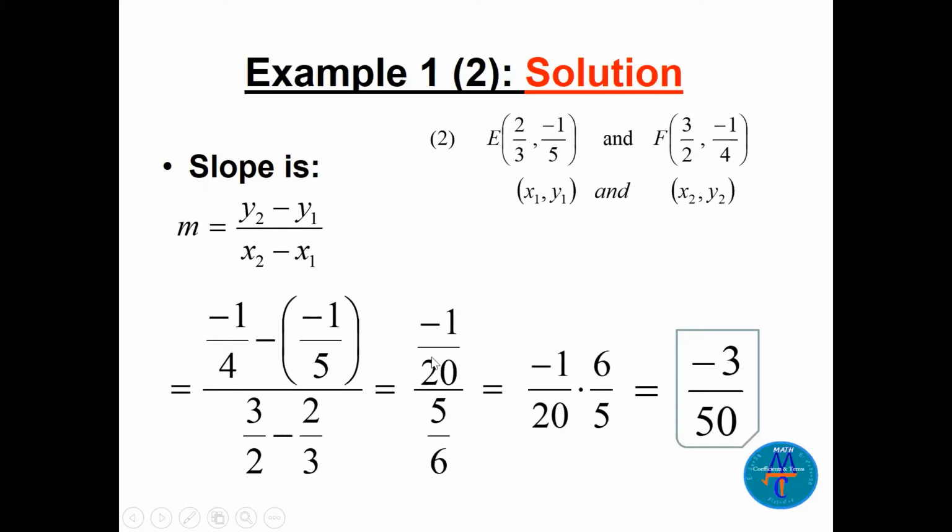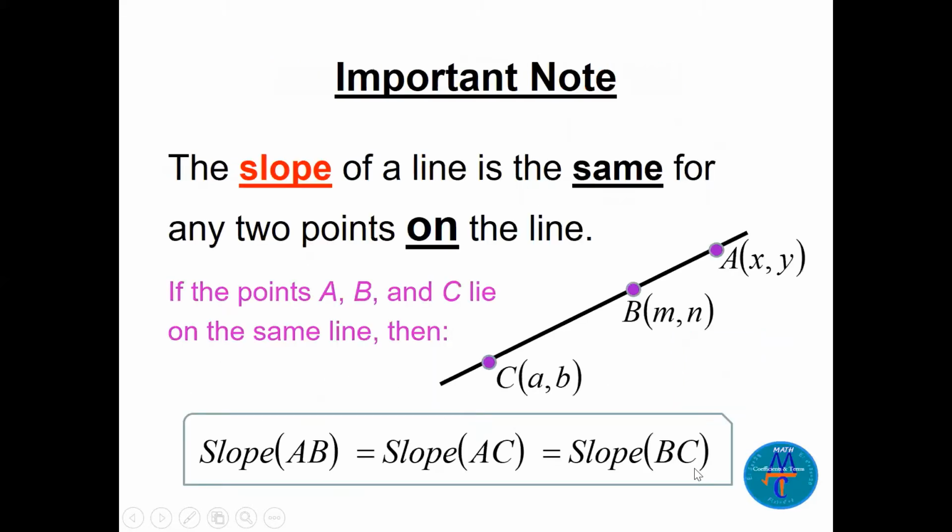So this will be minus 1 over 20. You can add these numbers. And here we have the x is 3 over 2 minus 2 over 3. So the LCD will be 6. 9 minus 4, it will be 5 over 6. Now, dividing two fractions, you multiply the first times the reciprocal, 6 over 5. You need to simplify here. Divide by 2, divide by 2. So the answer, minus 3 over 50, is this slope.